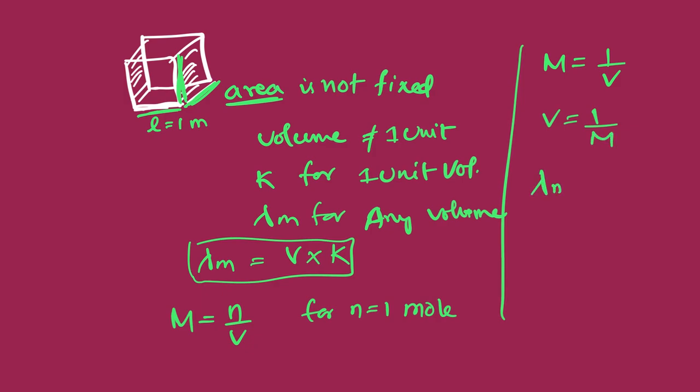Then lambda M is equal to conductivity times V, that is, 1 by M. Already we know that M is in mole per liter unit. Therefore, lambda m is equal to k by m.